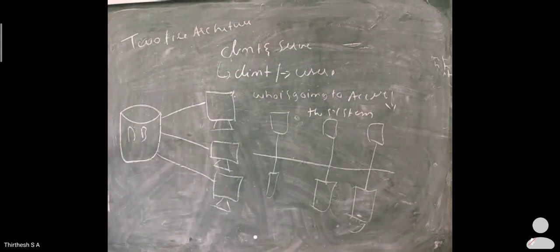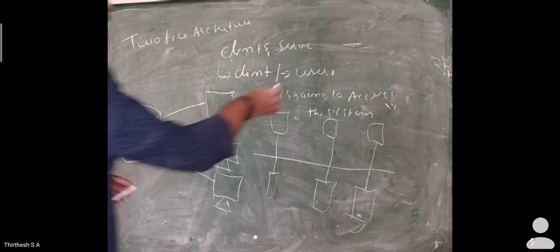So this is a two-level architecture where a database works with the help of the client and server technique. Mainly, the interface which provides this database access is ODBC.